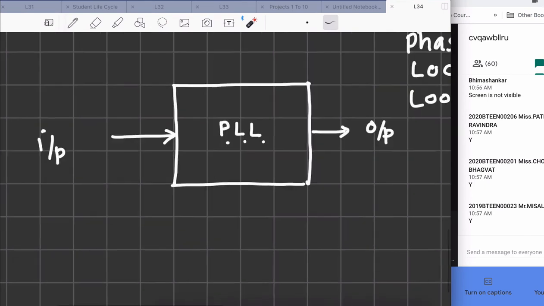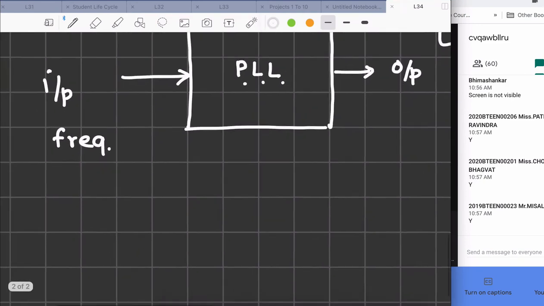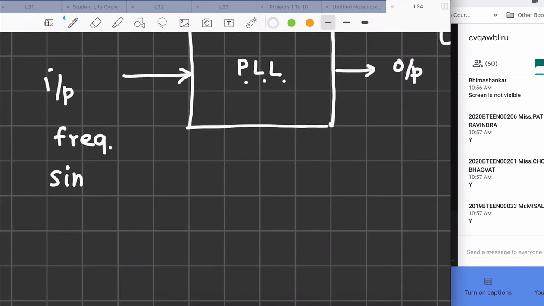Okay, so we have a block PLL, input and output. So what is the input to PLL? It is a frequency. The waveform of the input can be a sine wave or a square wave. It can be both of them. We will work with a square wave initially, though sine wave input is allowed.